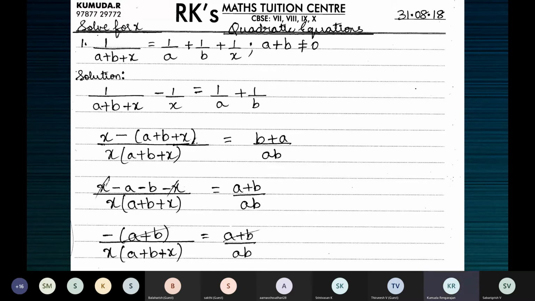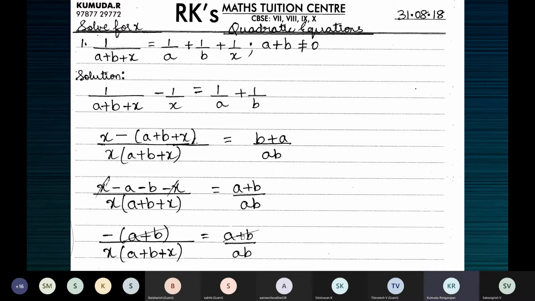Since the numerators on either side, on the LHS, we have minus a minus b, which on taking minus common can be written as minus of a plus b. On the other side, we have a plus b. So why we do this is to cancel the numerators on both the sides.